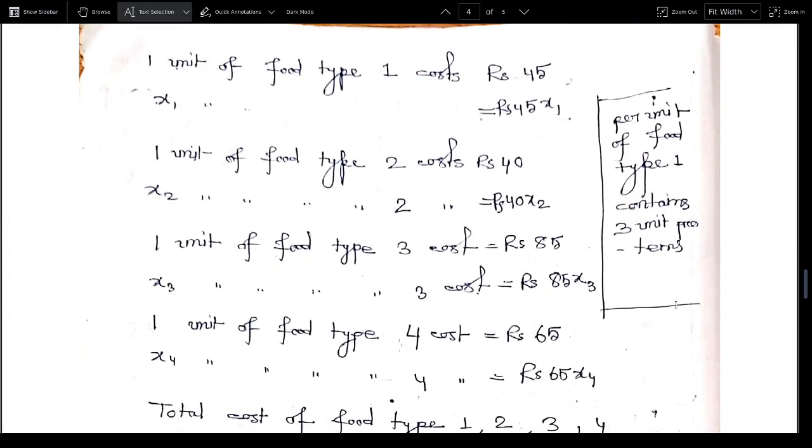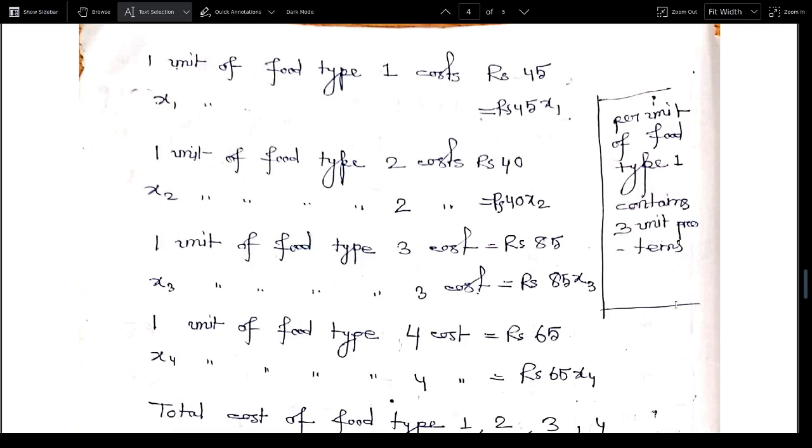So here rupees is 45, then x1 units of food type 1 will cost 45 into x1, so rupees 45x1. Next one will be what? In food type 2 the cost is rupees 40 per unit.